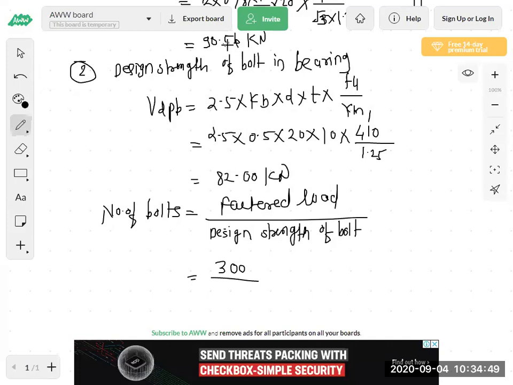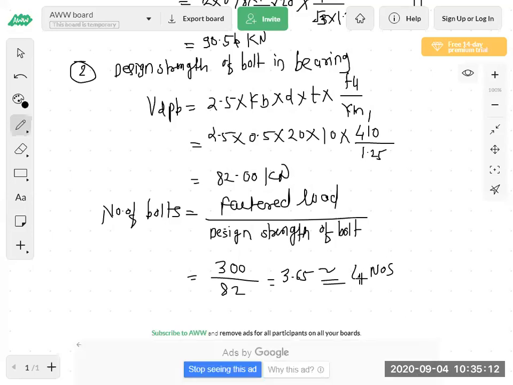Shearing strength is 90.54 kilonewton and bearing strength is 82. So out of these two, the minimum is the design strength of bolt. So 82. So how many bolts required? 3.65. It means 4 bolts are required to join this section. To carry this 300 kilonewton load, we have to use 4 bolts. Are you getting how to design the bolted connection?